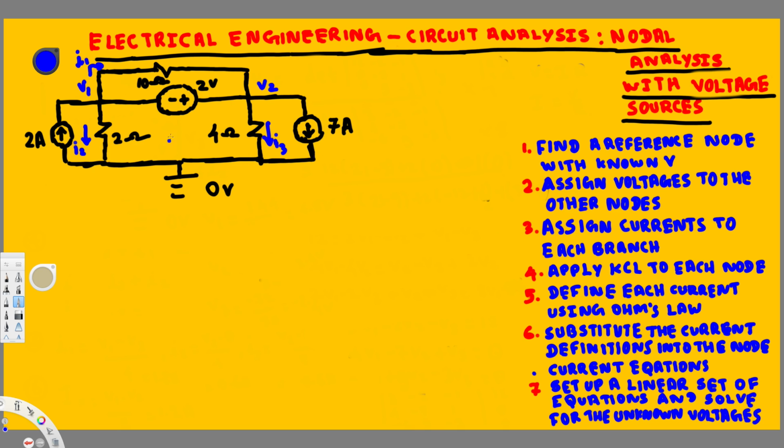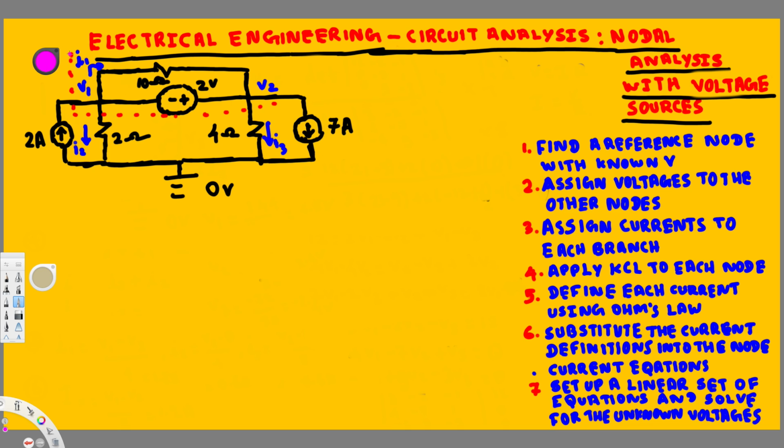Now this question is a little bit different than the other questions. Here we have a voltage source in the middle. When you have a voltage source, you have to deal with the problem differently. What you have to do is create a super node. We have to take this whole part together, like a super node.